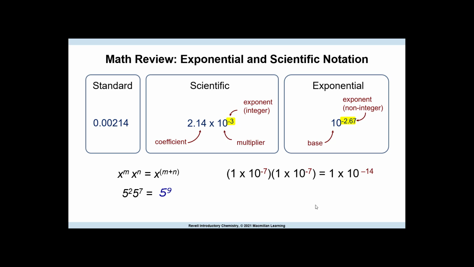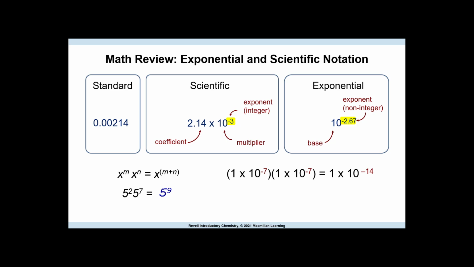In exponential notation, the exponent is not always an integer. Notice that the exponent is negative 3 in scientific notation and negative 2.67 in exponential notation. The value of the exponent in exponential notation is always within 1 unit of properly written scientific notation.